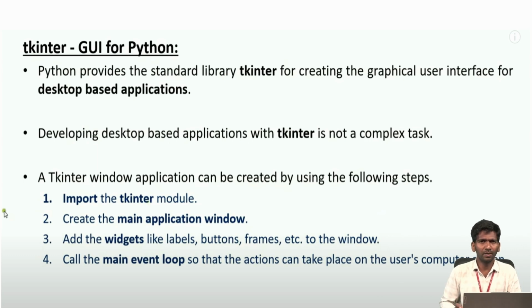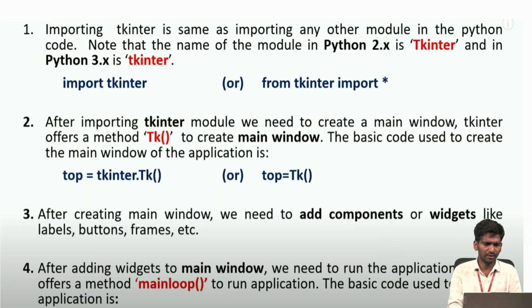The main event loop helps to run the program. Like in C programs, how we have a main function to run the entire code, like that we will create the main event loop for running the GUI program. So using these 4 steps we can implement GUI with the help of the tkinter library. First step, what code do I need to write?